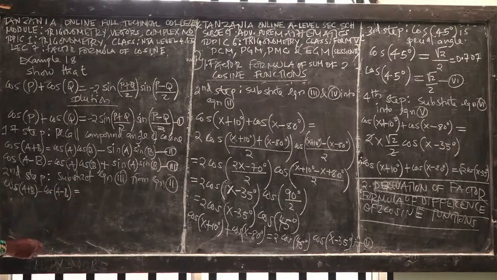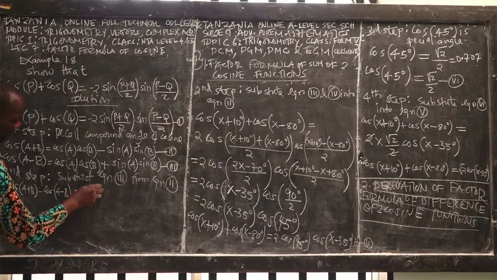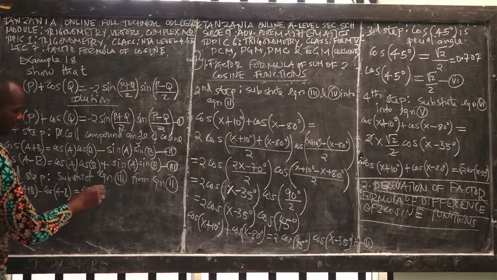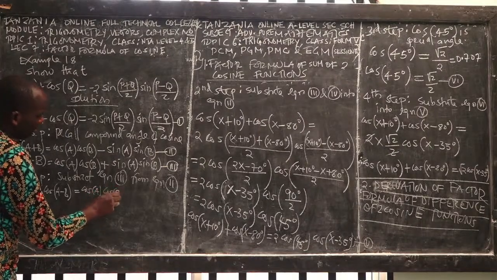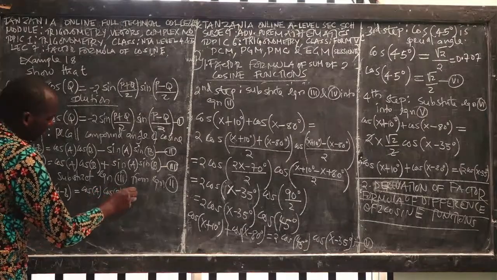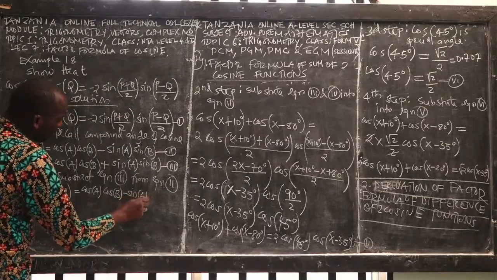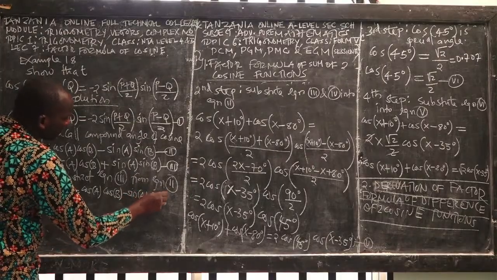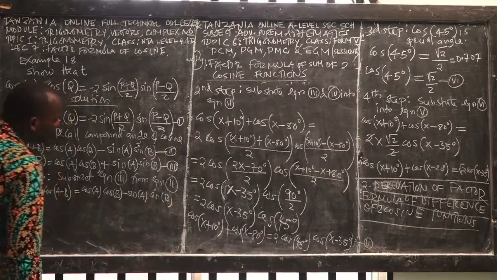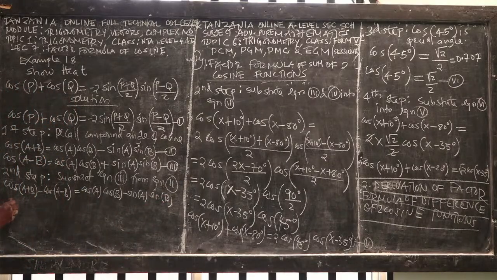This is equal to cosine of A, cosine of B, minus sine of A, sine of B. Then minus cosine of A, cosine of B. Lakini hii tunafungia mabano.